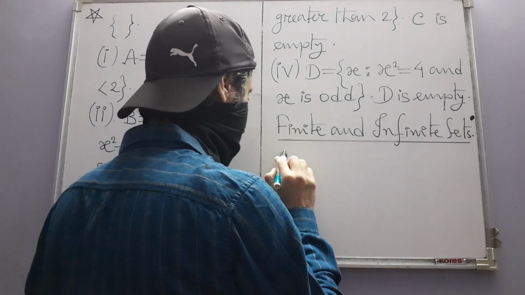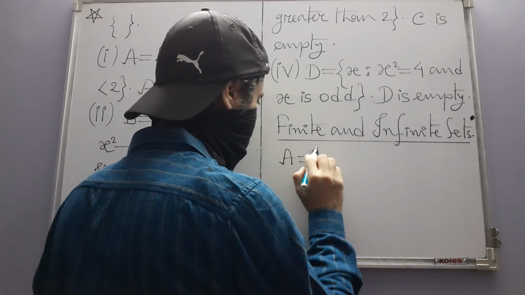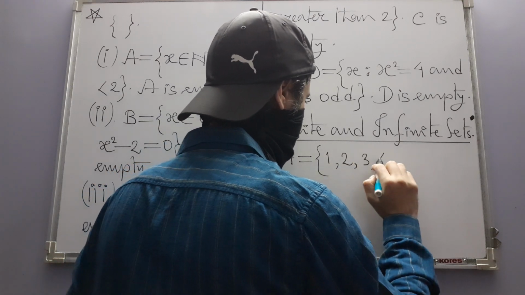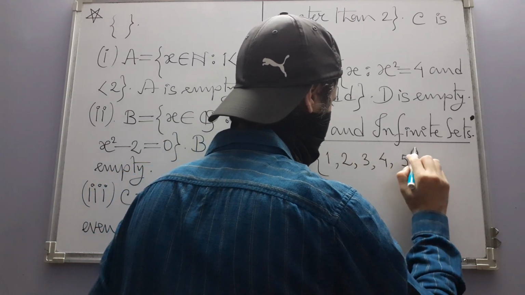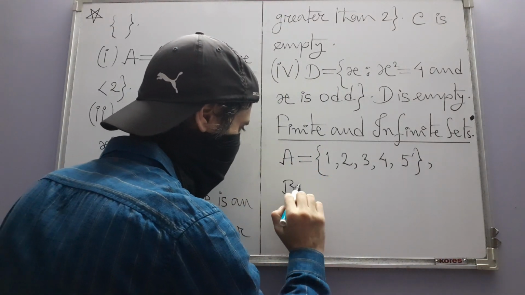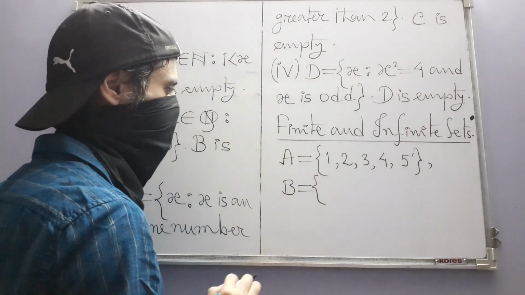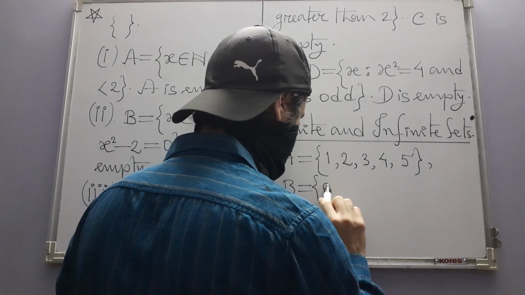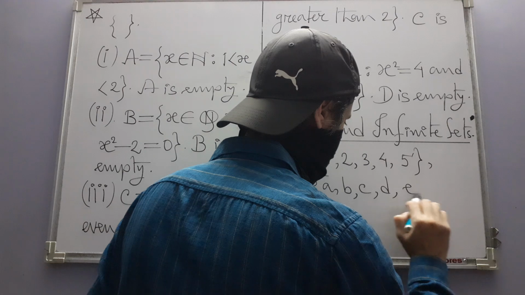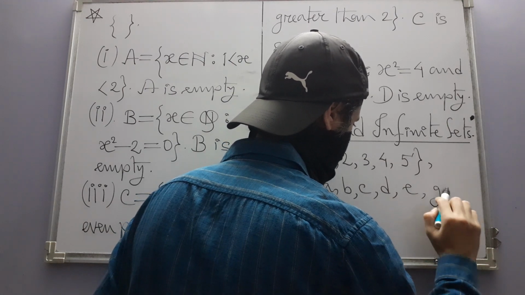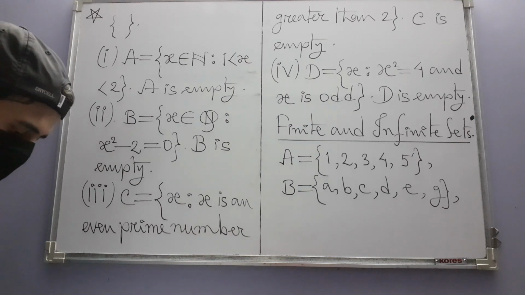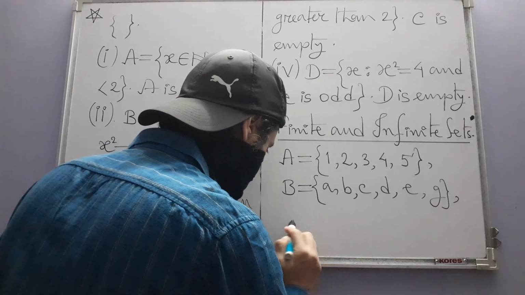Let's consider these sets. A consists of these 5 natural numbers. B consists of these letters from the English alphabet. Okay, and the set C is a little strange, but it is what it is.